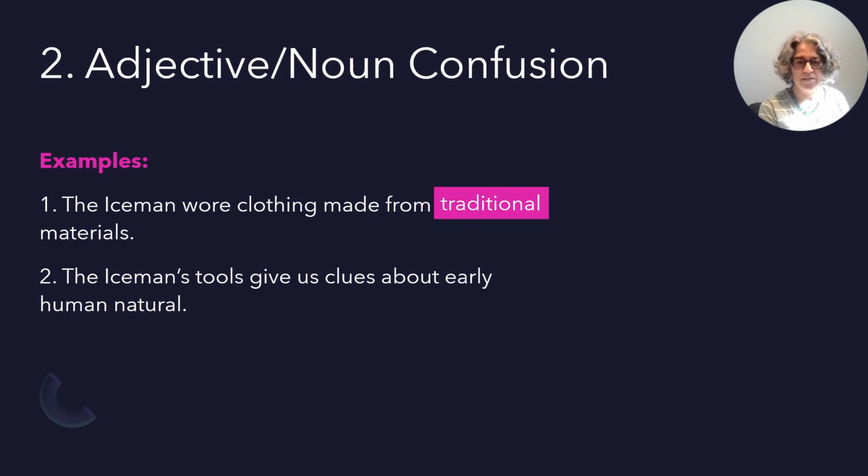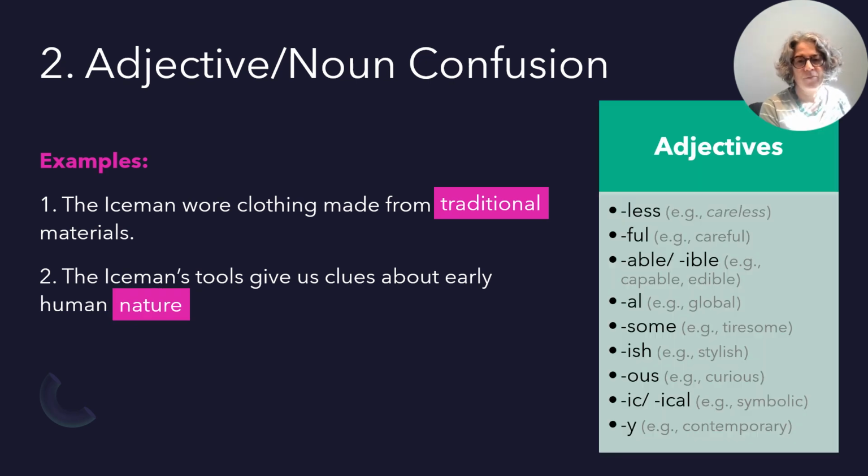In the second sentence, the Iceman's tools give us clues about early human natural, and we don't have a noun after about, so we have to convert natural into nature. And in the box in green, you see some common adjective suffixes. So you see less and full, as we saw earlier, and many other ones. So pause the video to take a careful look.